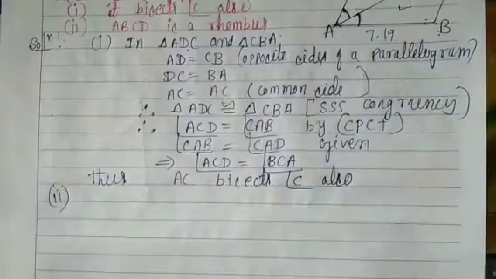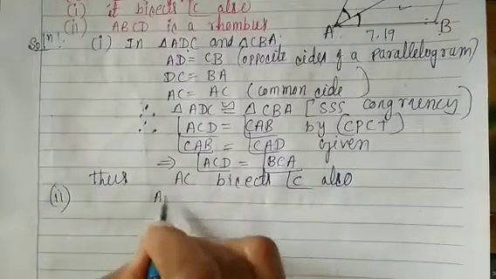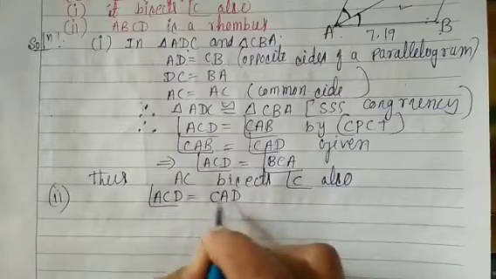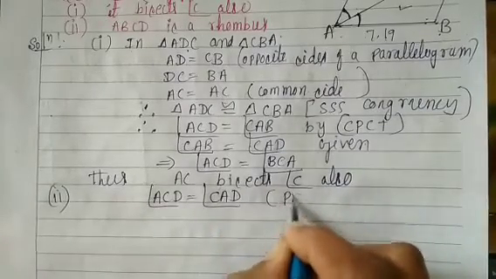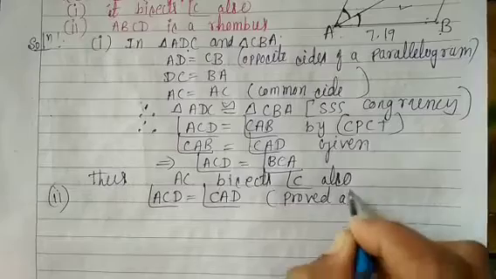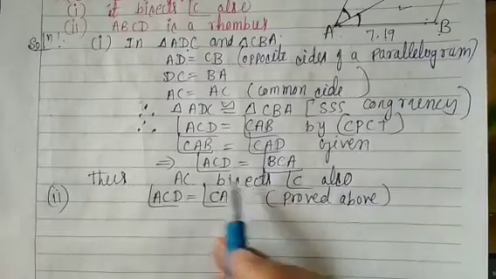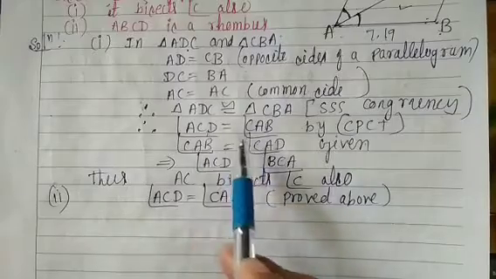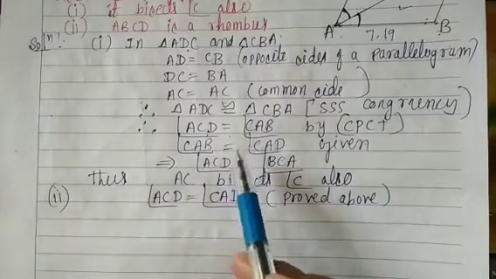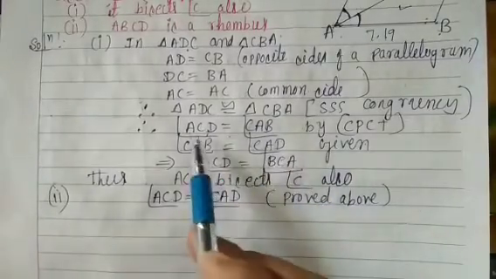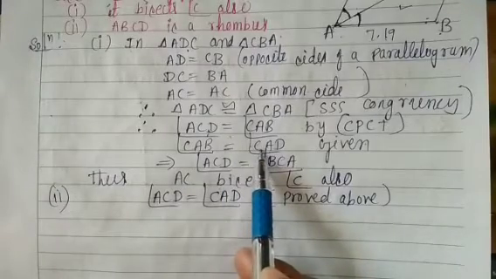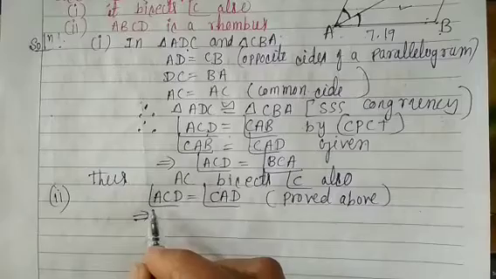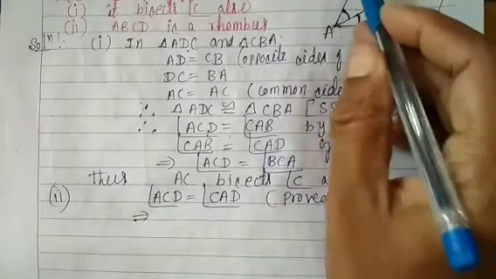First, we will take angle ACD is equal to angle CAD, also proved above. Angle ACD is equal to angle CAD, proved above, and AD is equal to CD.